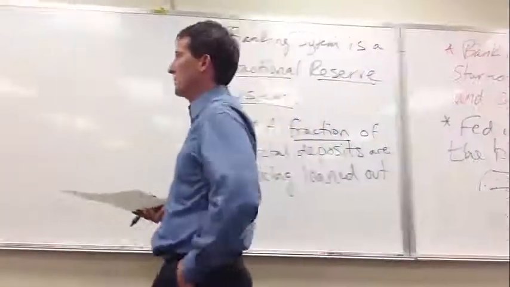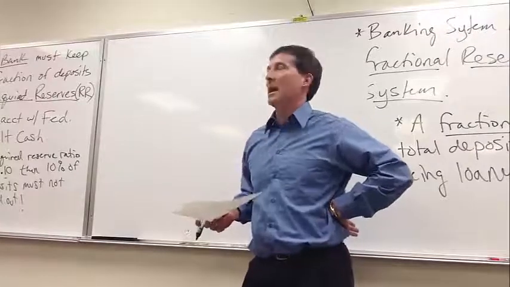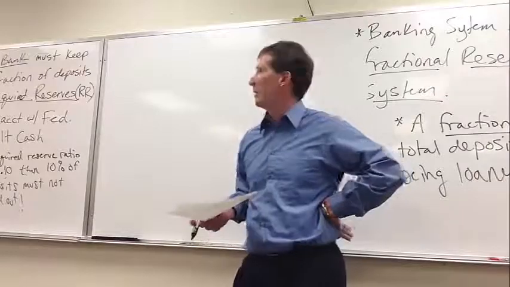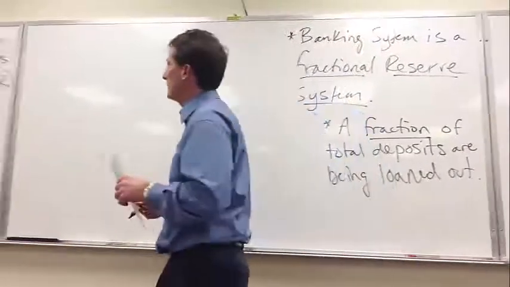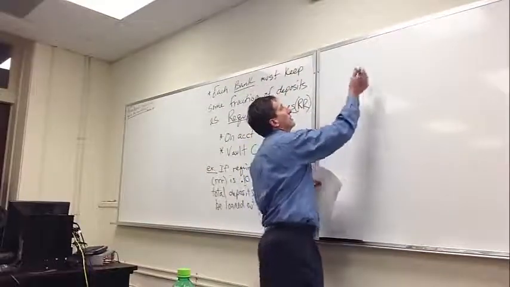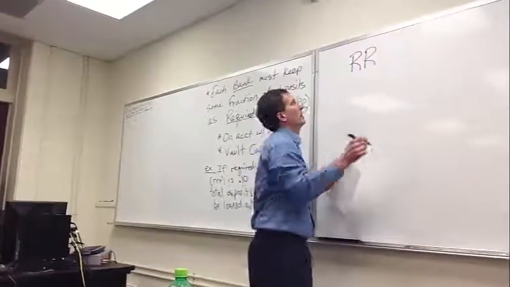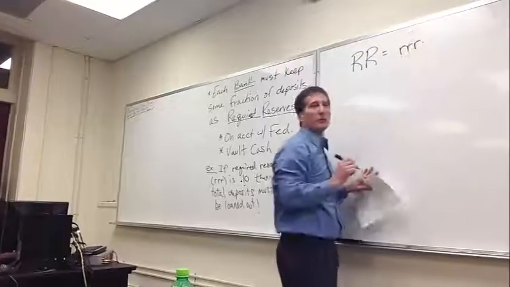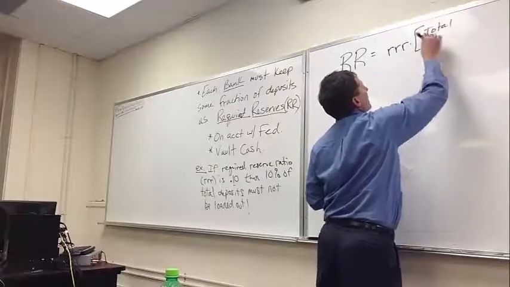If the required reserve ratio is 0.10, that just means 10% of total deposits must not be loaned out. All right, so your amount of required reserves is equal to your required reserve ratio times total deposits.